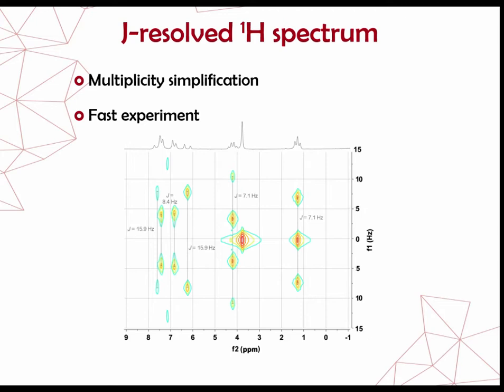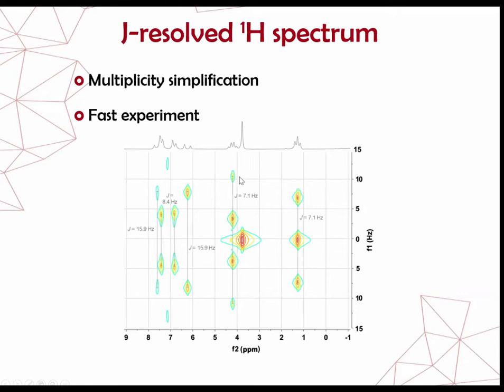And this experiment aims to simplify the proton multiplicity, so in the horizontal dimension you will get the pure chemical shifts, and in the vertical dimension you will have the multiplet pattern. For example, here this is simple because you can see it already on the one-dimensional spectrum. You have a triplet, so you can see it here, and you can measure the coupling constants.